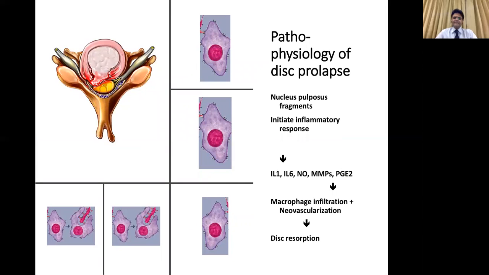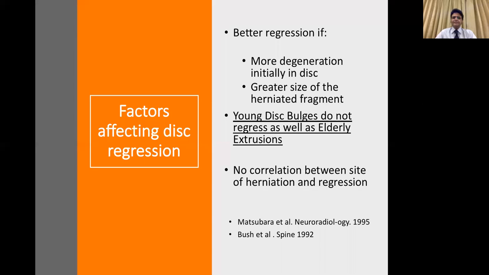Why does this happen? Because the nucleus pulposus fragments which come out initiate an inflammatory response. Interleukins and prostaglandins cause macrophage infiltration and neovascularization, and the disc tends to get resorbed, shrinks, and disappears.